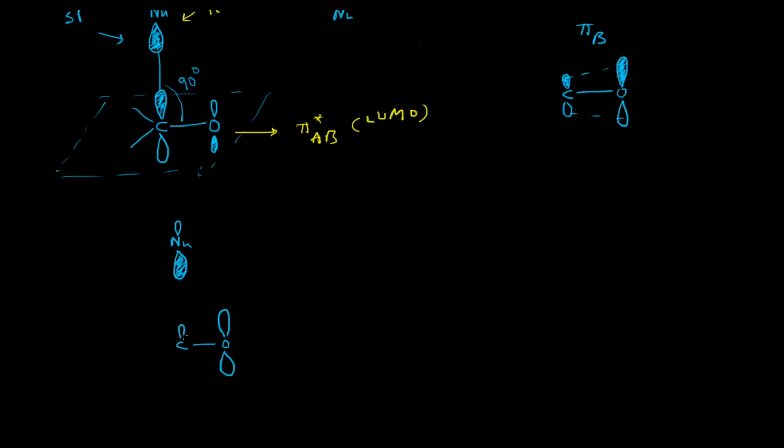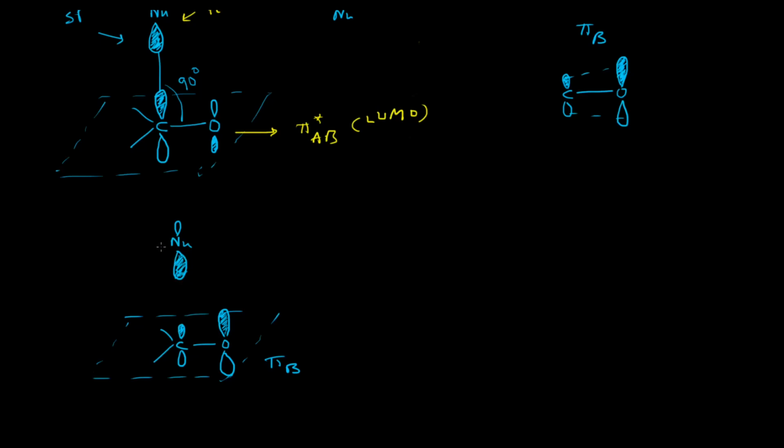This is a picture of the pi bonding orbital, and this is our molecular plane. We can see that this filled HOMO orbital, the pi bonding orbital, will have a repulsive force towards this nucleophile.